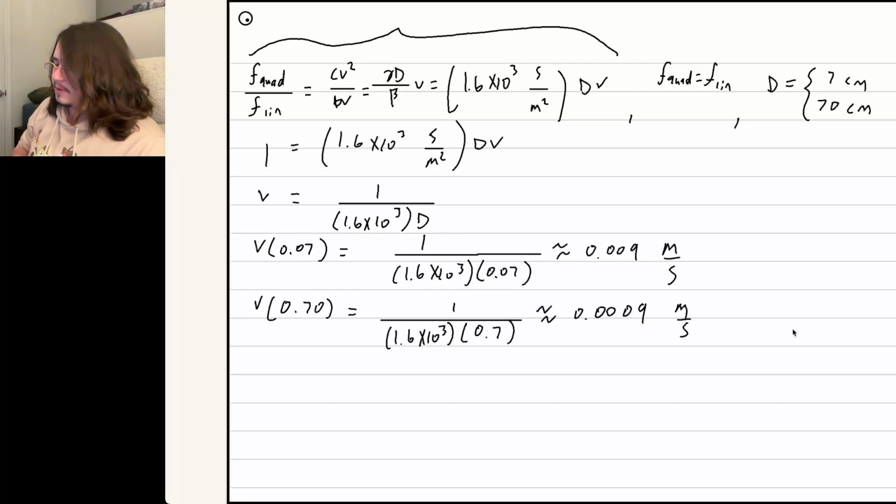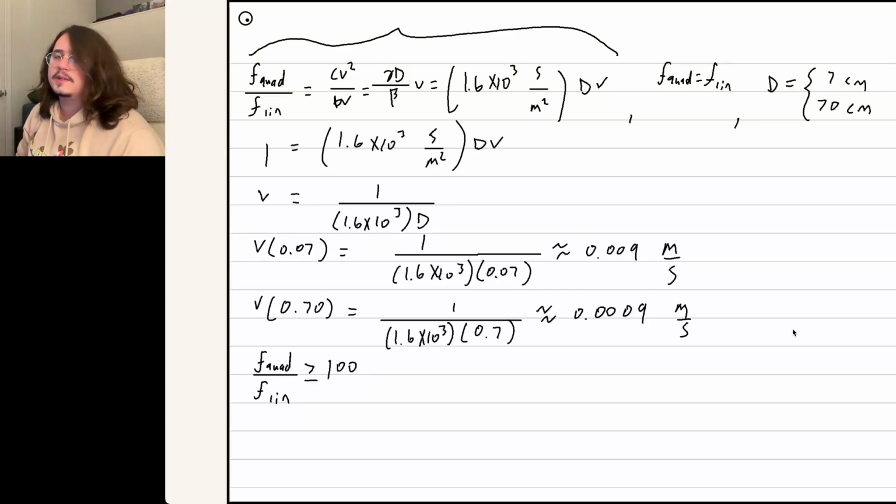And then we're also asked to find what is the reasonable range of velocities where the friction can be treated as entirely quadratic. So I think a good way to describe this is if the ratio between the quadratic and linear friction forces is about 100 or greater than or equal to 100.